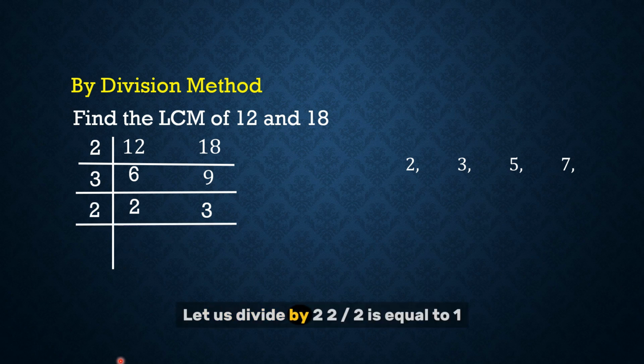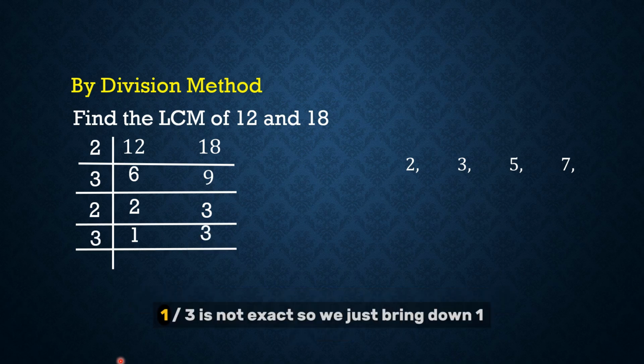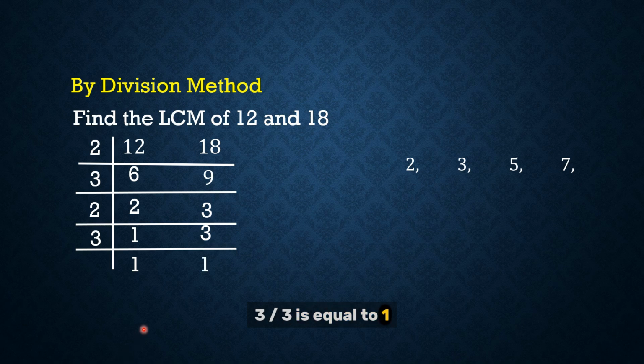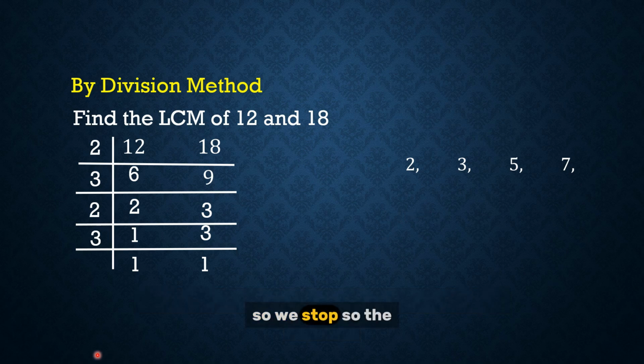Let us divide by 2. 2 divided by 2 is equal to 1. 3 divided by 2 is not exact, so we just bring down 3. And then we divide by 3. 1 divided by 3 is not exact, so we just bring down 1. 3 divided by 3 is equal to 1. Each of these is less than the smallest prime number, so we stop.